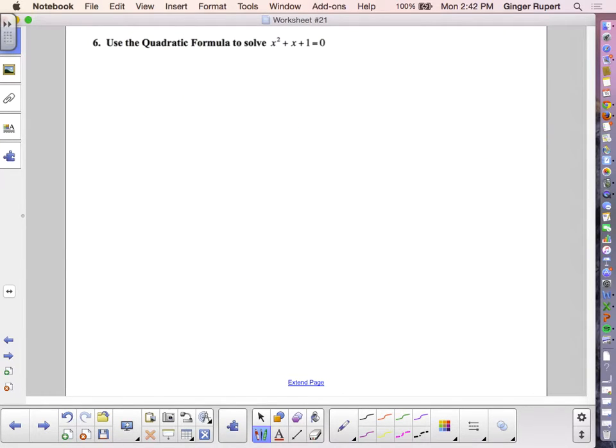Okay, number 6 asks us to use the quadratic formula to solve the equation. Remember, the quadratic formula is x is equal to minus b plus or minus the square root of b squared minus 4ac all over 2a.